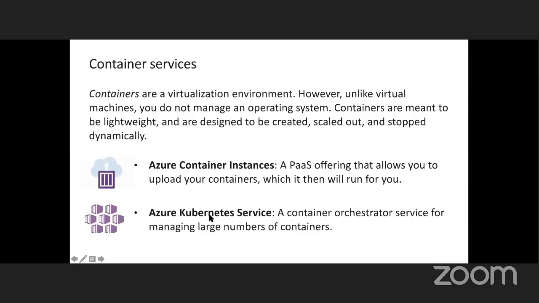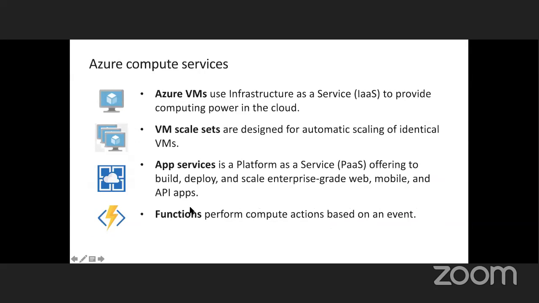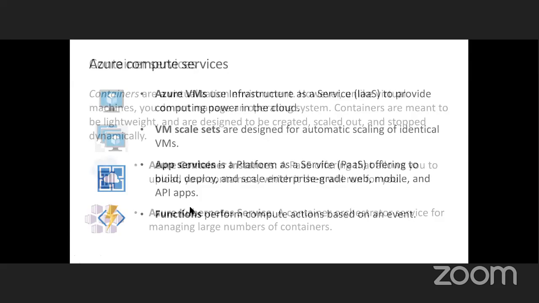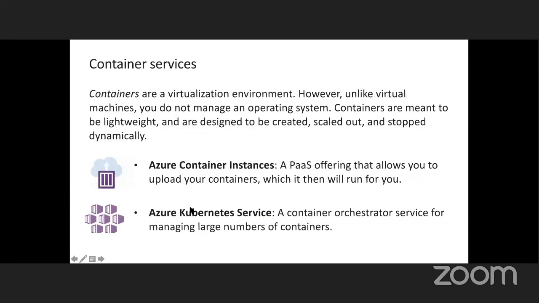Kubernetes is a third party, but in Azure you can use it to orchestrate a bunch of containers working together. You don't need to become an expert in these matters, just know that an Azure container instance allows you to upload containers, and Kubernetes is an orchestrator to run or manage a large number of containers.